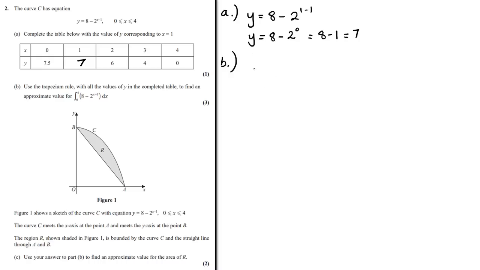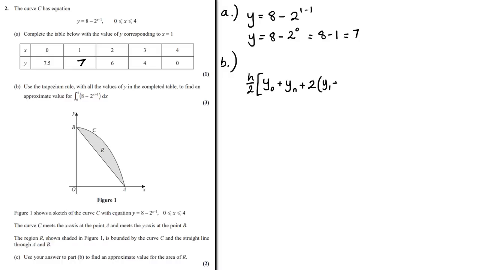So therefore, for the Trapezium Rule, let's give the formula first. The formula for the Trapezium Rule is given as h over 2, and we times all of this by our first term, y0. What you might see is the last term added at the end, but I always put the first term and the last term together. So y0 plus yn. And then we do 2 lots of all the other terms.